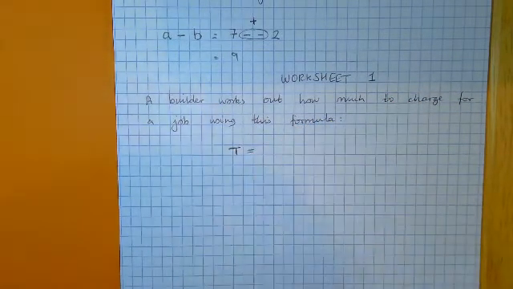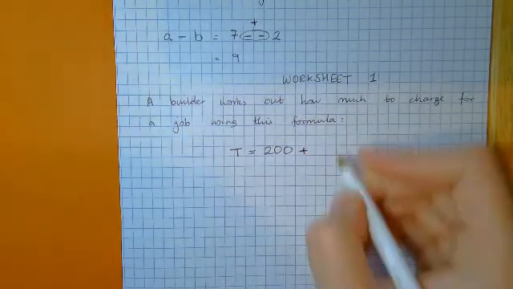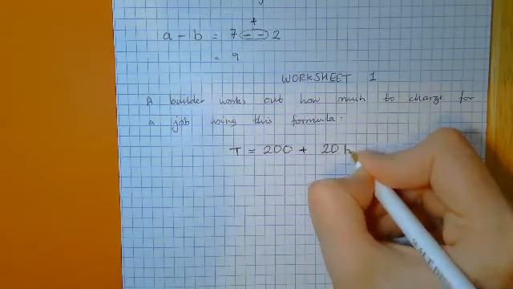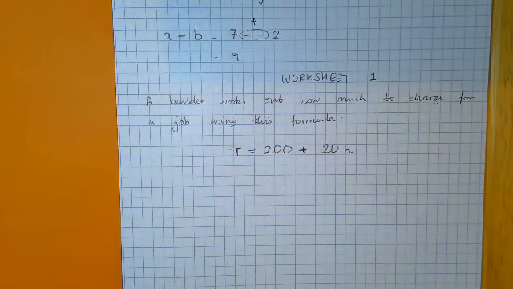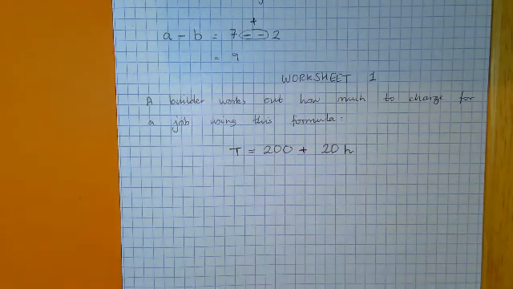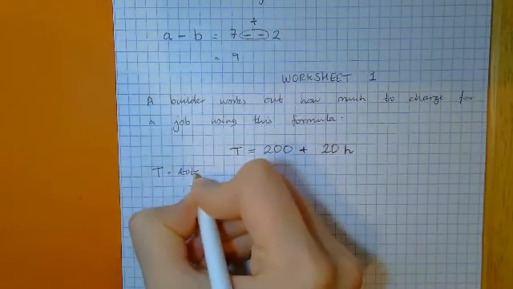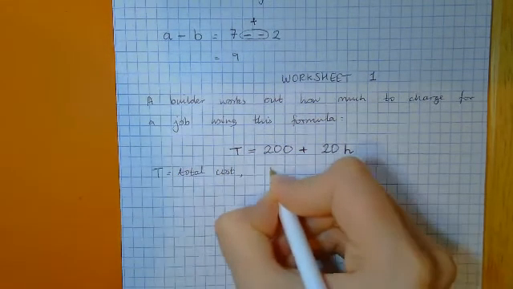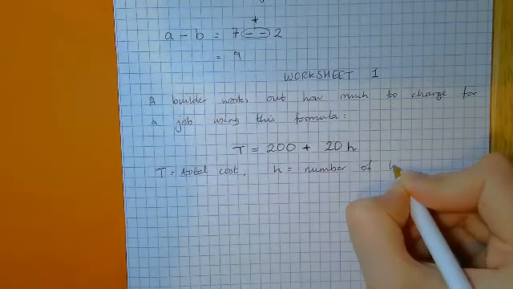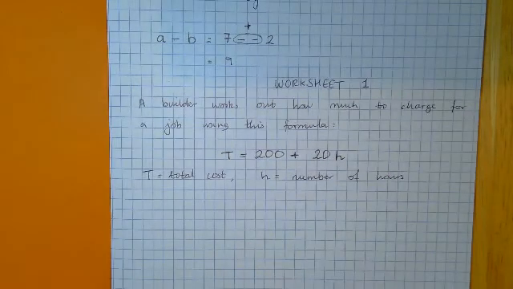So, the total cost equals 200 plus 20h. So that's a formula. It's got an equal sign, it's got a couple of letters. That's what we call a formula. And it will always tell you where T is the total cost and H is the number of hours. So it'll always tell you what the letters represent.